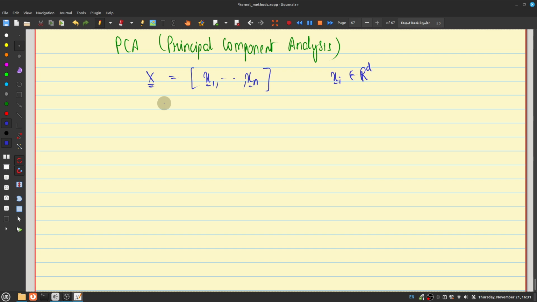The goal of standard PCA, you can interpret it in two ways. One is to reduce the dimensionality of these vectors, that is, map each xi into a lower dimensional subspace, maybe a k dimensional subspace where k is something much smaller than d.